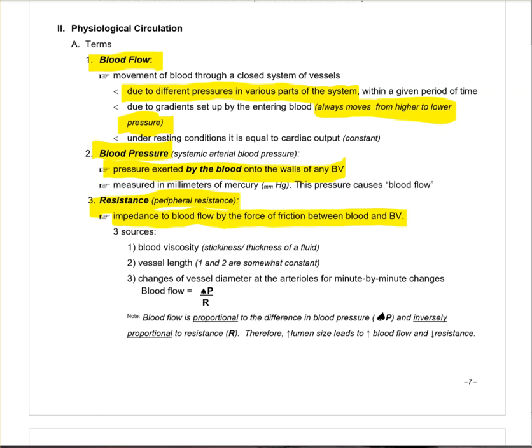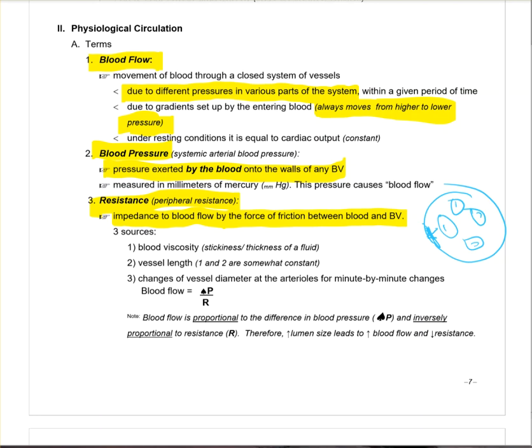One way to think about this is if you have a blood vessel in cross-section like this, and blood is moving through, and you have blood cells and liquid in it, there are going to be times where the liquid and the blood cells are going to rub up against the wall. And when they bounce and hit this wall, they're going to cause friction. And that friction is going to slow down the system, right?